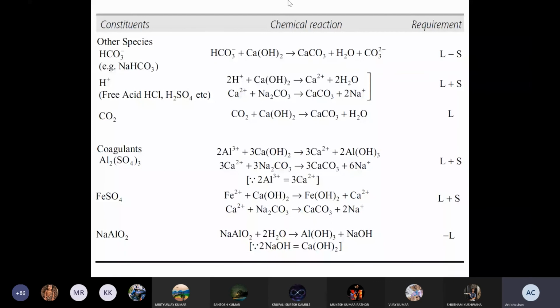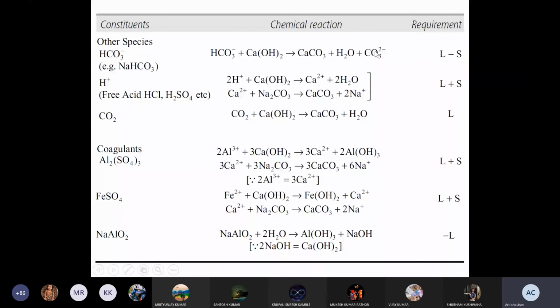So during this chemical reaction, when bicarbonate anions react with lime, one soda is produced. So for the requirement of lime and soda, one lime is used here and one soda is produced here. So you have to subtract that much soda while calculating the requirement.